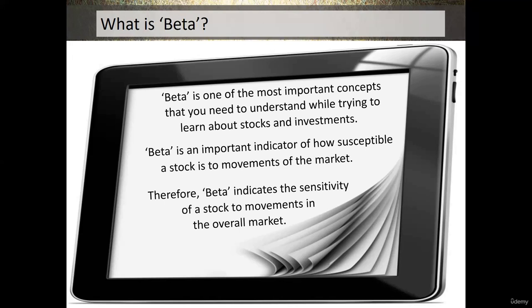So risk and return. All right, now if I want to see the risk attached to a particular security, I need to calculate the beta for that. The beta will tell me the sensitivity of a particular stock to the movements in the overall market. Let's say I am going to purchase the shares of ABC Limited company.